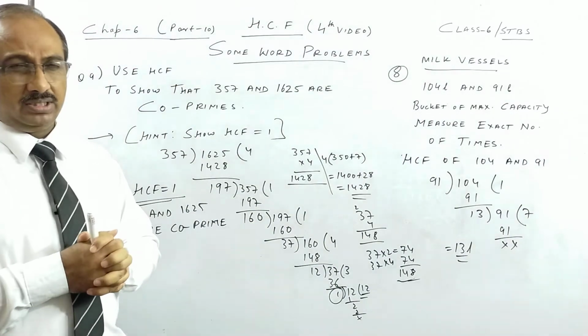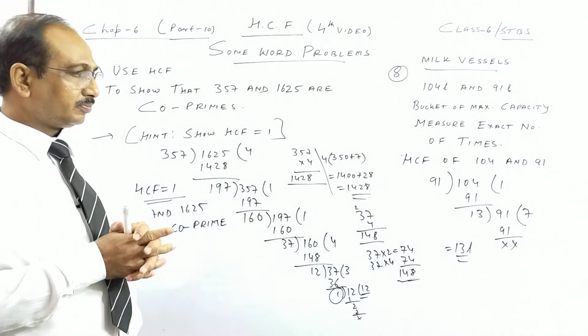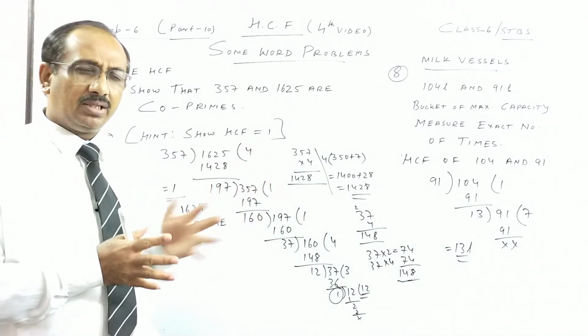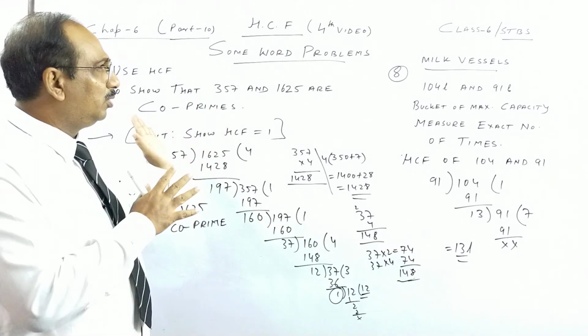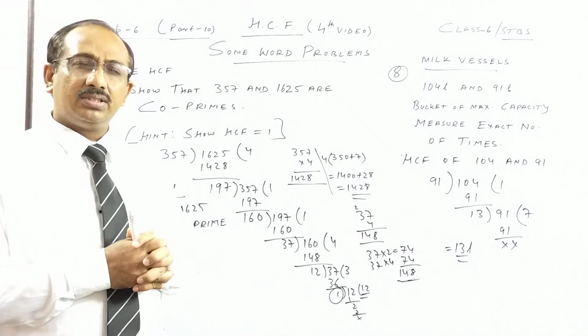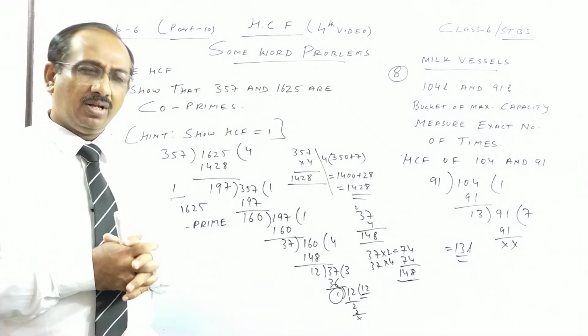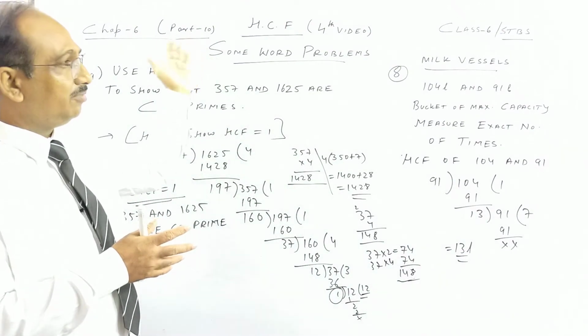I have done almost 60 to 70% of the questions, and there are some shortcuts, some other mental math things. So I'll try to make another video, which won't be related to your text. Some interesting facts about LCM HCF, I may make one more last video later on, number 11.